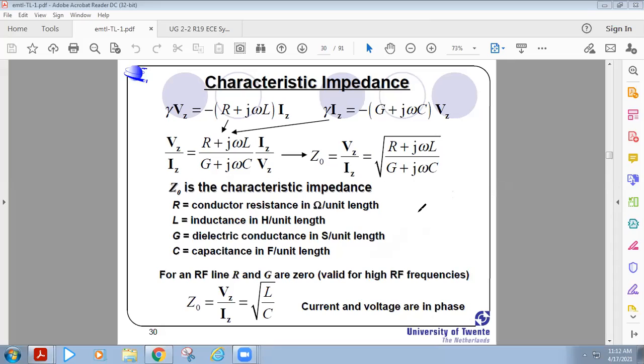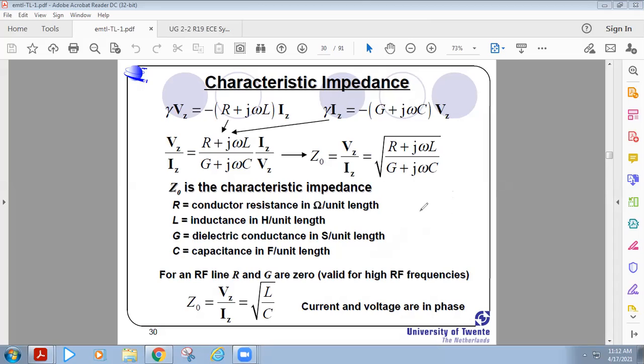What I told you now: transmission lines are classified into three types. According to our assumption, basic transmission lines with no loss, and transmission lines with no distortion. What is the condition for no loss? R equal to 0, G equal to 0 is the lossless case.